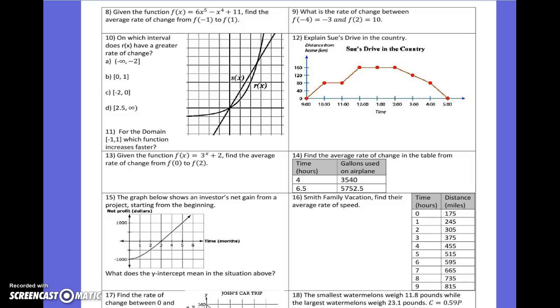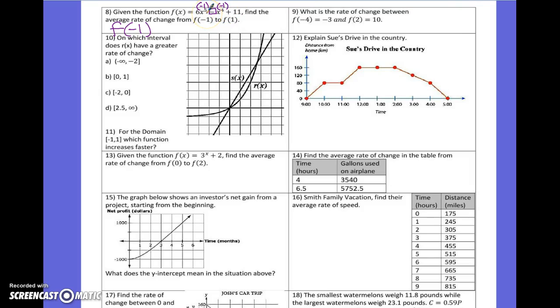Given the function, find the average rate of change from f of -1 to f of 1. So we're going to plug in a -1 for all of the x spots, keeping in mind that you do have to have this minus and you have to have parentheses, -1 to the 4th.